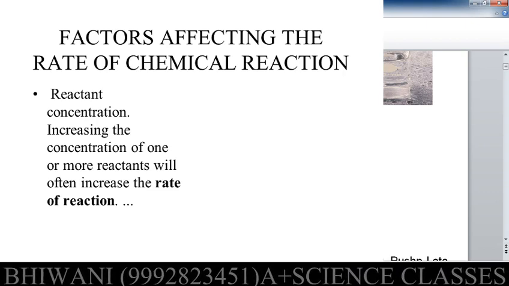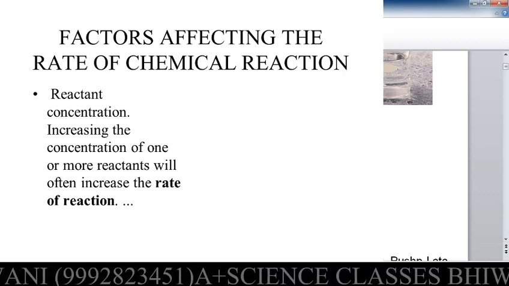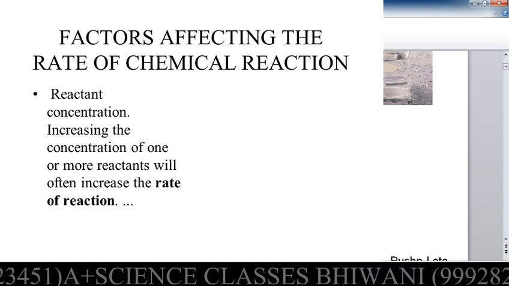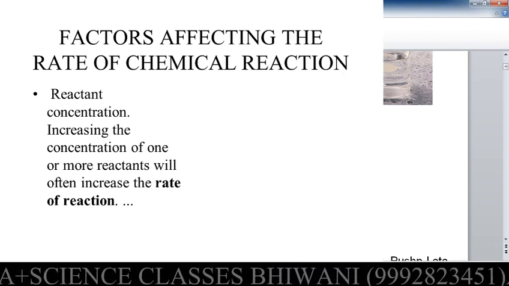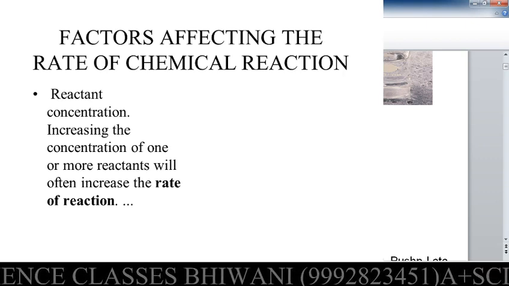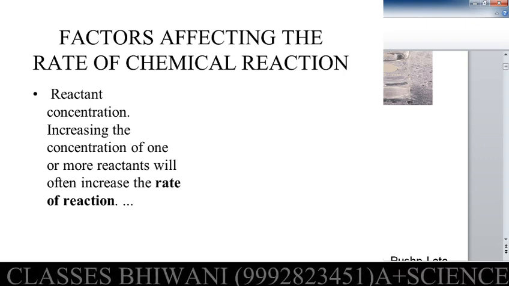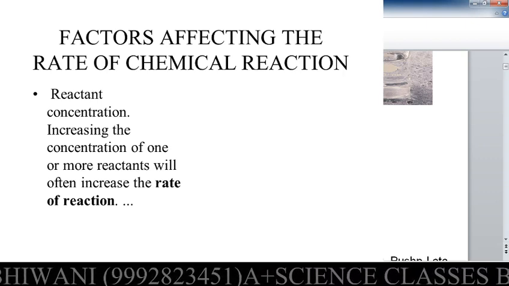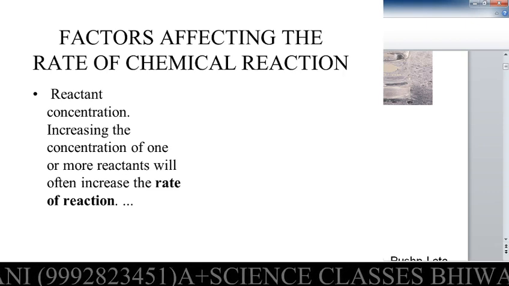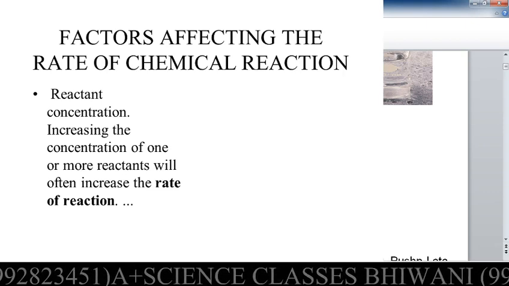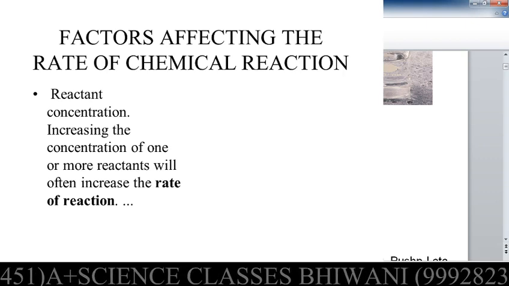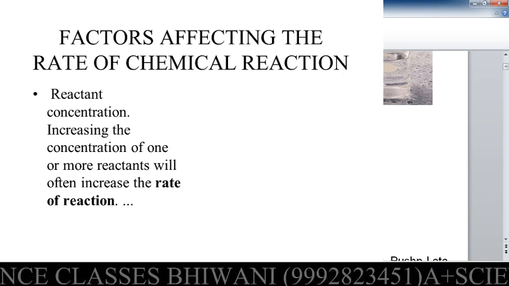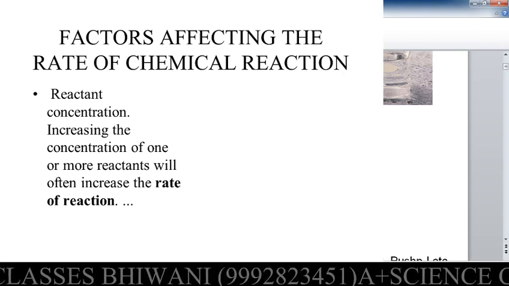Now the reactants decrease because on completion of the reaction there is no reactant left, all the reactant has been converted into product. So our rate of reaction is dependent on the concentration. If we have more concentration of particles, there is more participation of the reactants to complete the reaction. So we can say that the rate of reaction is directly proportional to the concentration of the reactants.